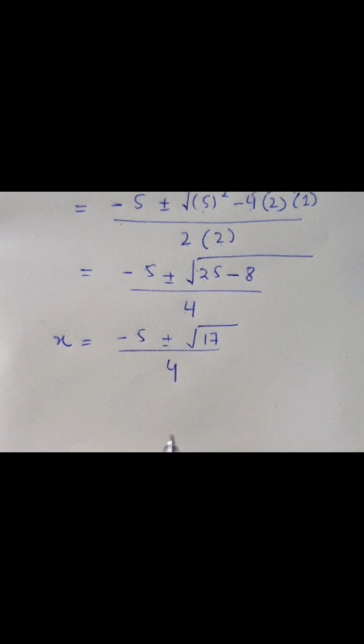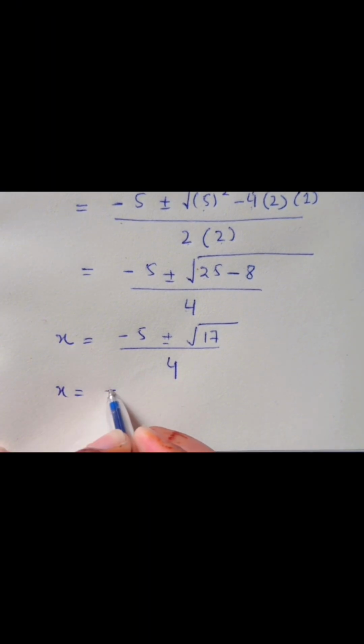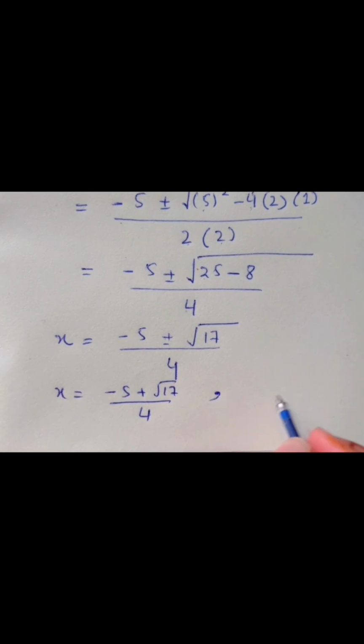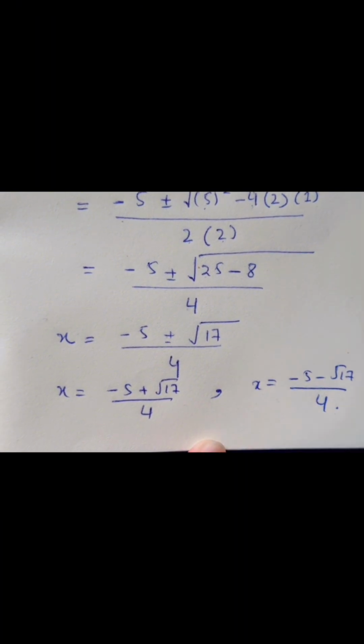Now we have plus and minus in the formula, so we will write two solution sets. One will be positive and the other will be negative, which is x is equal to minus 5 minus under root 17 divided by 4.